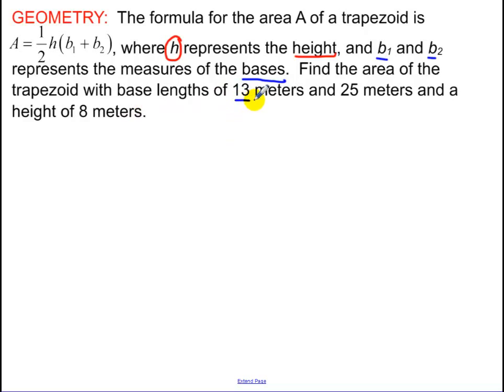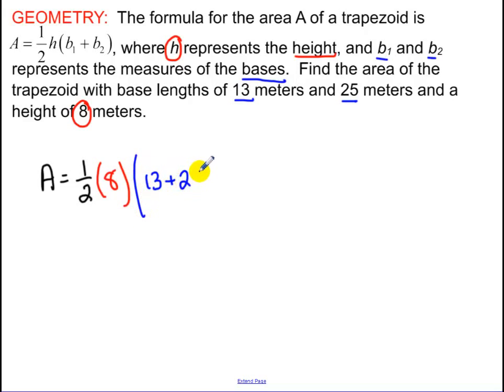They tell me the base is 13, the other one is 25, and we have a height of 8 meters. So our area is 1/2 the height, which is 8, and then base 1 plus base 2.